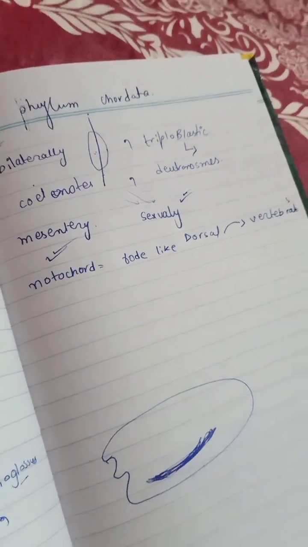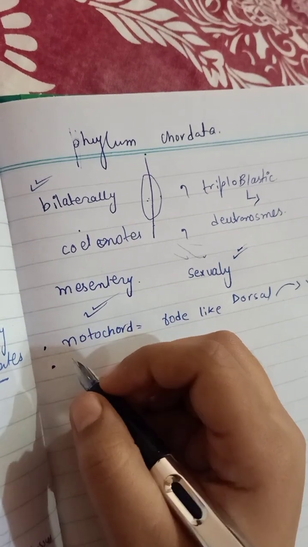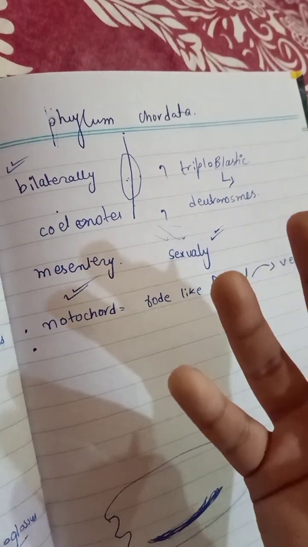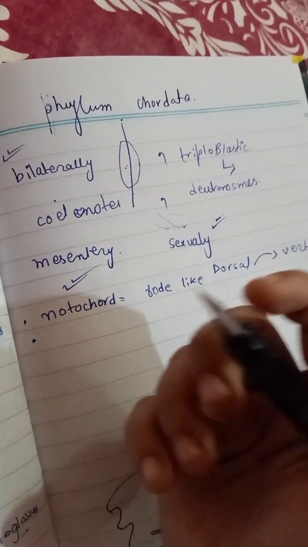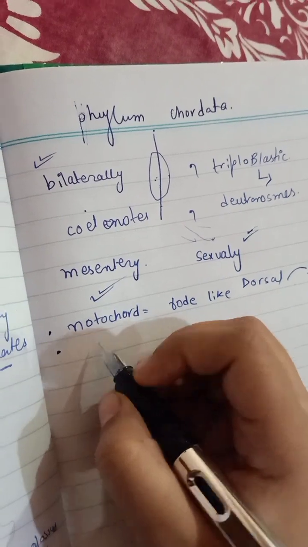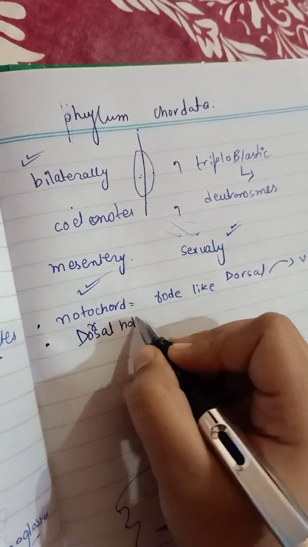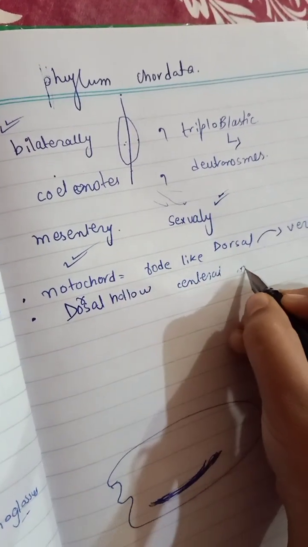In the lower chordates there is a notochord, and in the higher chordates it is divided into the backbone or vertebral column. The second feature is the dorsal hollow central nervous system, the nerve cord.